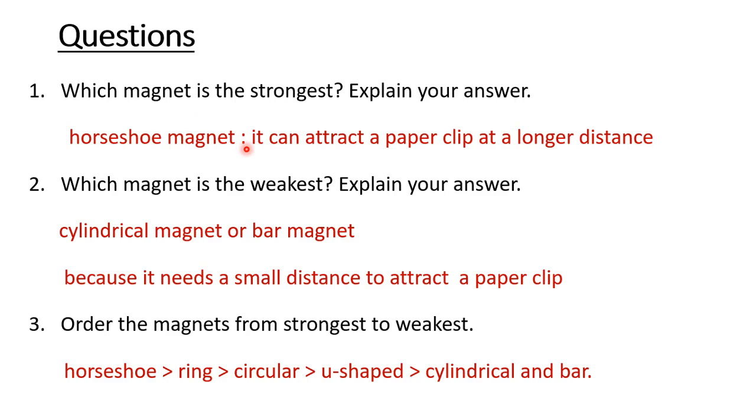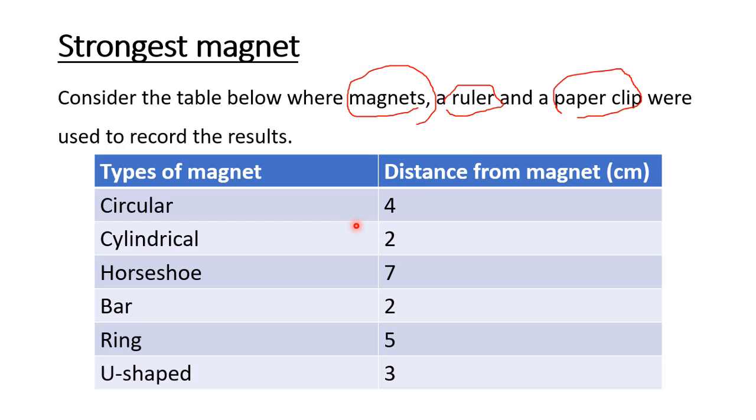Why? Because it can attract a paper clip at a long distance. Is it correct? Let's see. This horseshoe magnet is able to attract an object from a distance of 7 centimeters, meaning this horseshoe magnet is very strong.